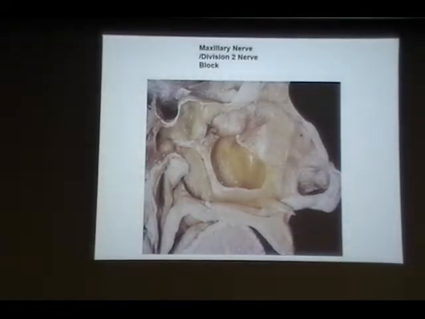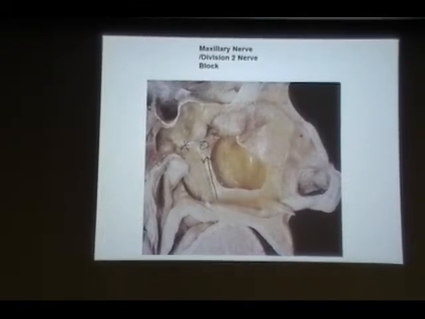Okay, so here we've seen this before. Here are the descending palatine nerves coming up. What's this structure? Pterygopalatine ganglion. What's this structure here? That's the maxillary nerve, coming through foramen rotundum.